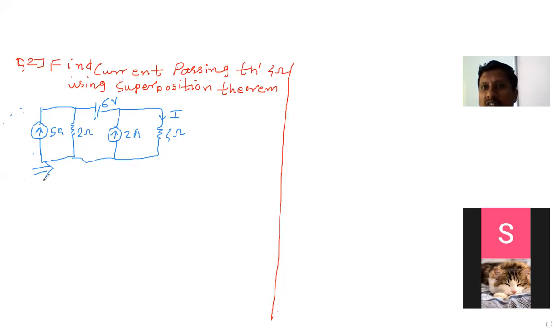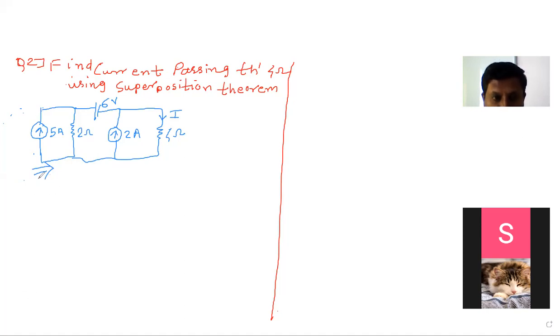Due to each source you have to find the different responses: due to the 5 ampere current source, the I1 current will flow; due to the 6 volt voltage source, I2 will flow; and due to the 2 ampere current source, I3 will flow. After finding I1, I2, I3, the current passing through the 4 ohm resistor due to each source acting alone, you can take the algebraic sum by the superposition theorem and get the final answer. That will be the procedure to solve this example.